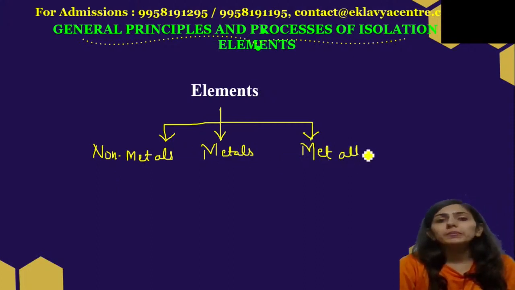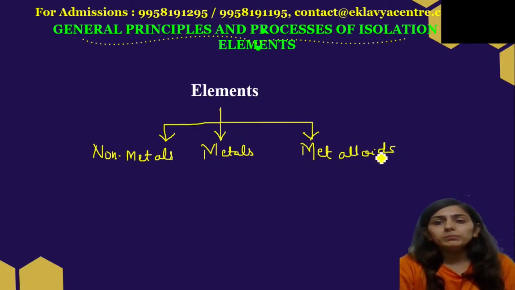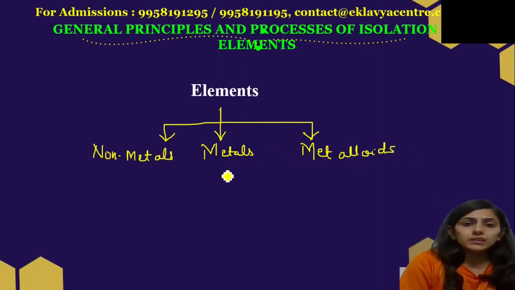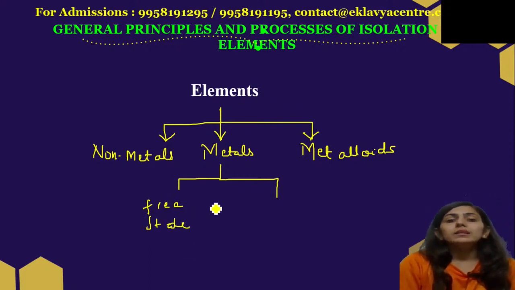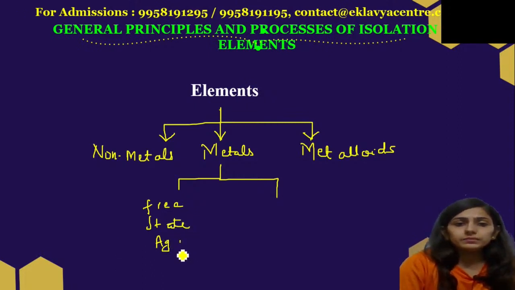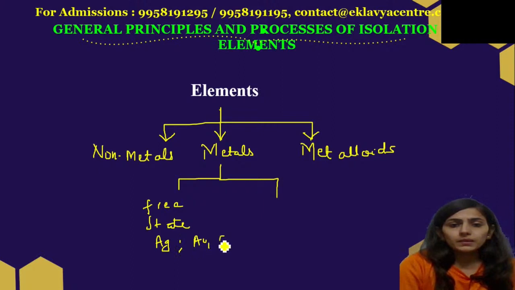This whole chapter is all about metals, and we know metals exist in two states. One is the free state, like we have silver, gold, platinum in the free state.